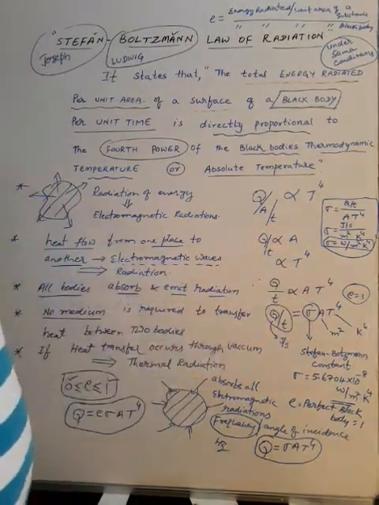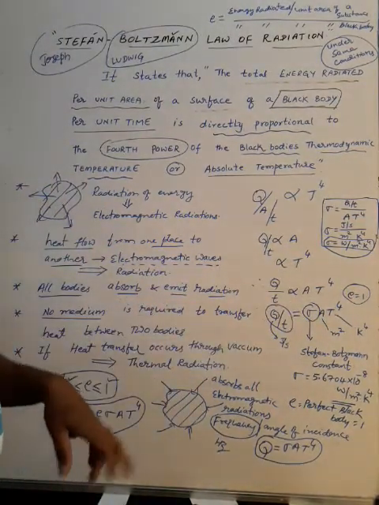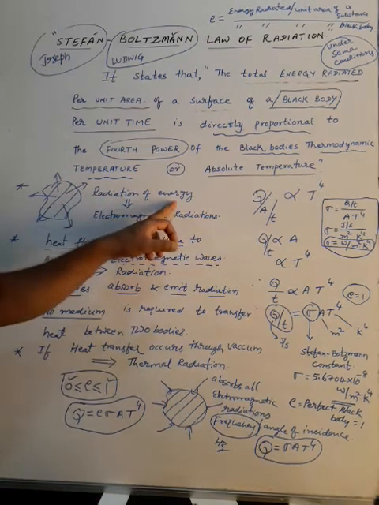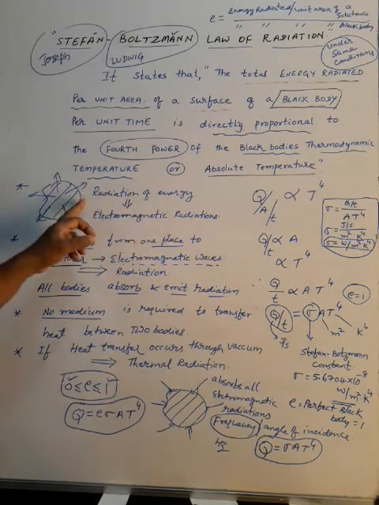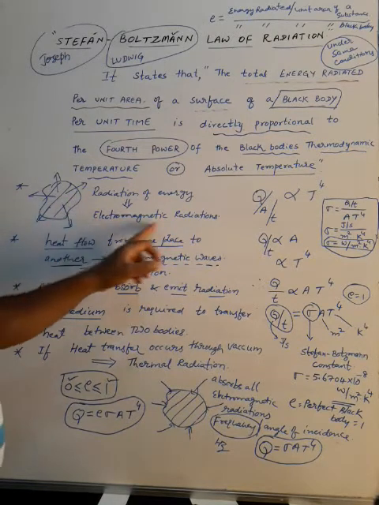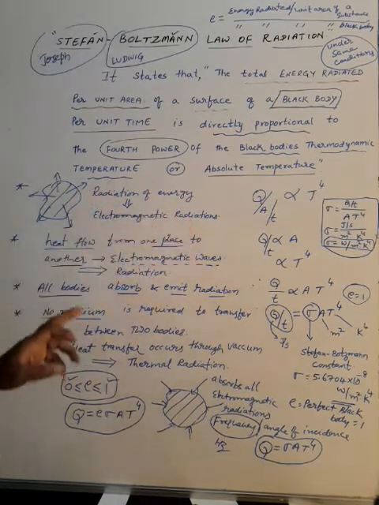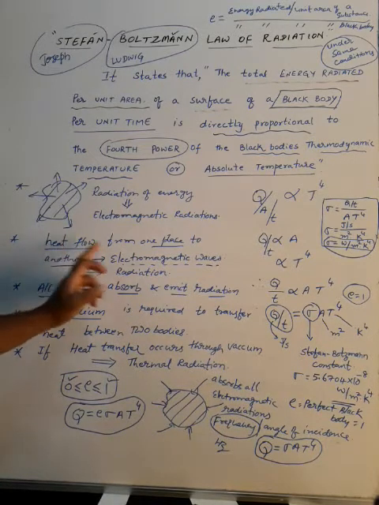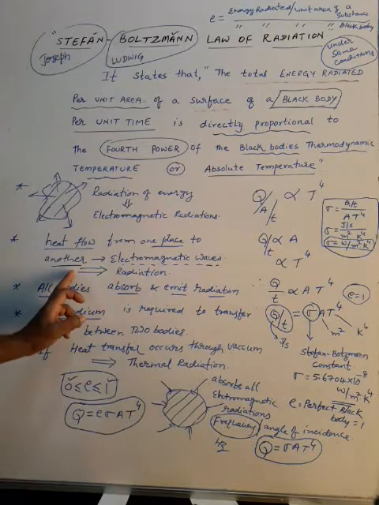Other facts to be known are, we know that energy is radiated by all bodies in the form of electromagnetic radiation, and generally radiation is also described as heat flow from one place to another place.